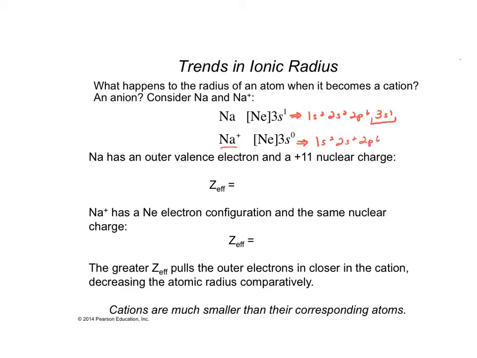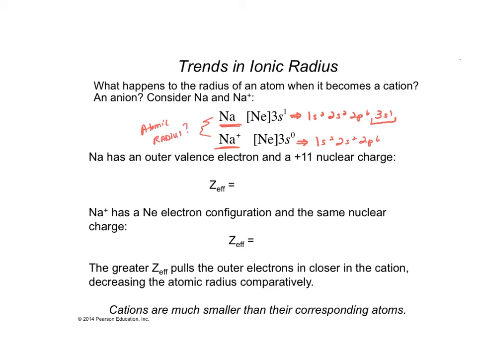All right, so now the question is, who is bigger or who is smaller? Is there any difference between the neutral atom and the cation that forms from it after losing an electron with respect to atomic size? So the big idea here is, is there any difference with respect to atomic radius?